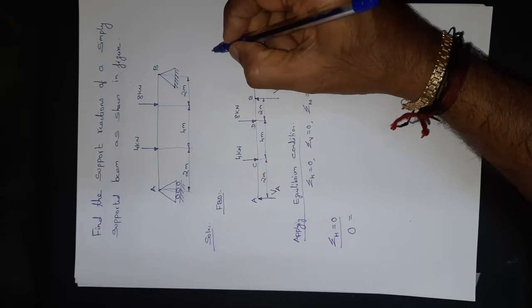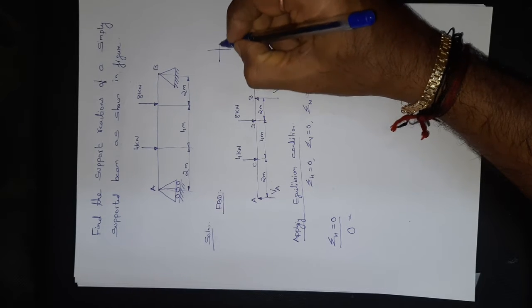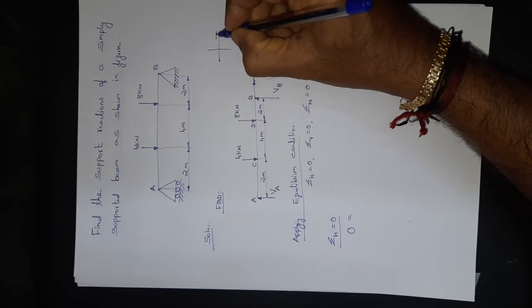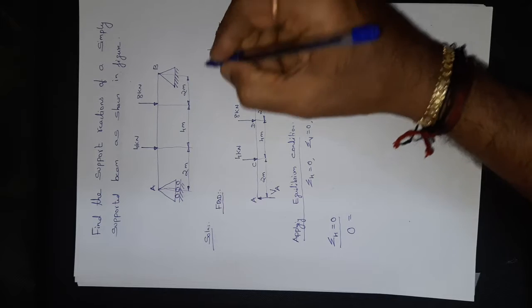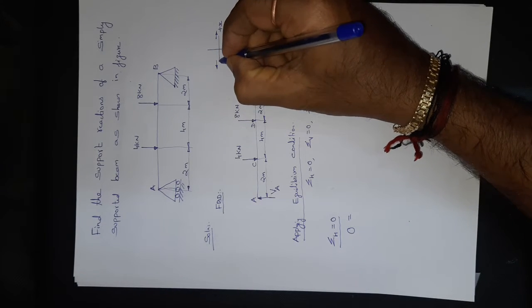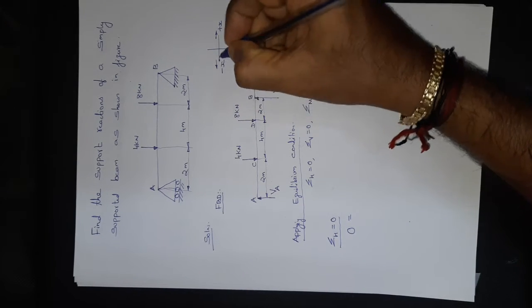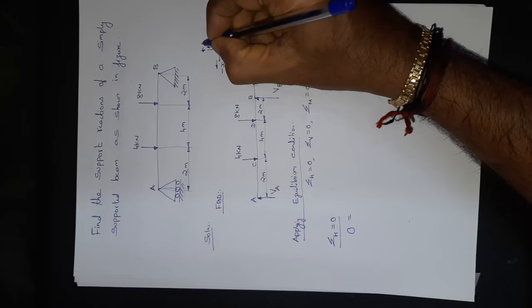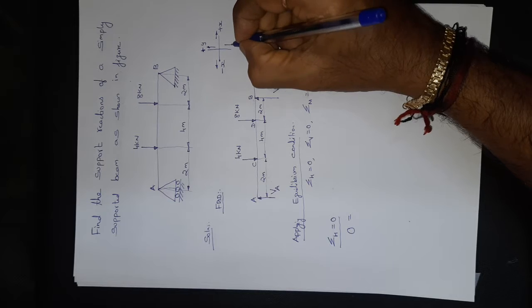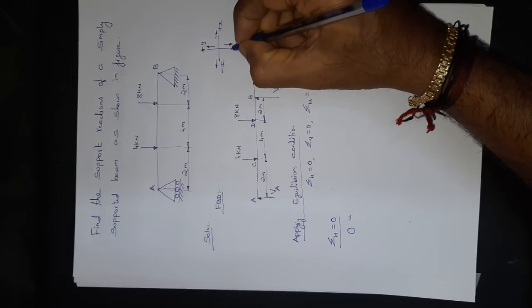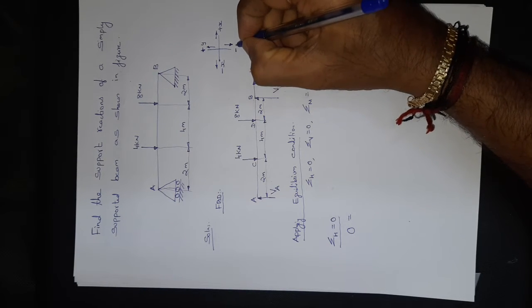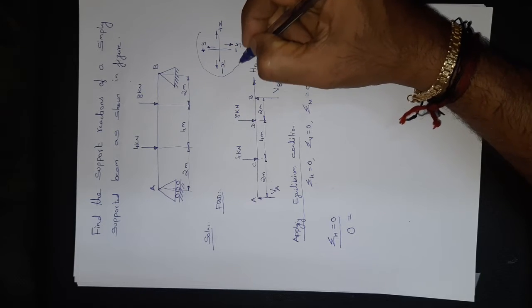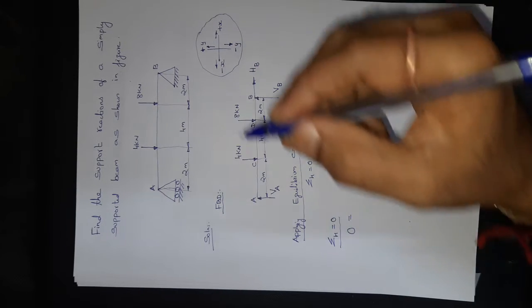As I taught you in the resolution of forces, this would be plus x direction, and when the force acts in the opposite direction, minus x. When the force acts vertically upwards, positive y, and when the force acts vertically downward, minus y. You have to just remember this, right?